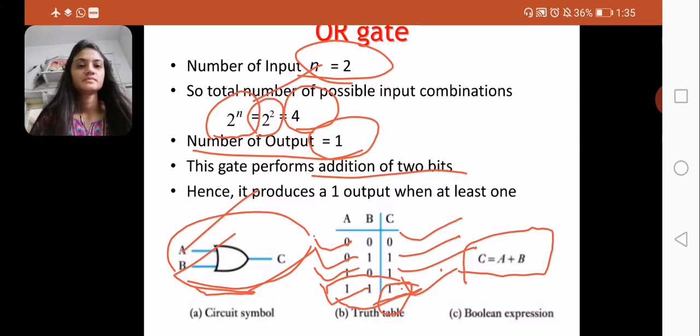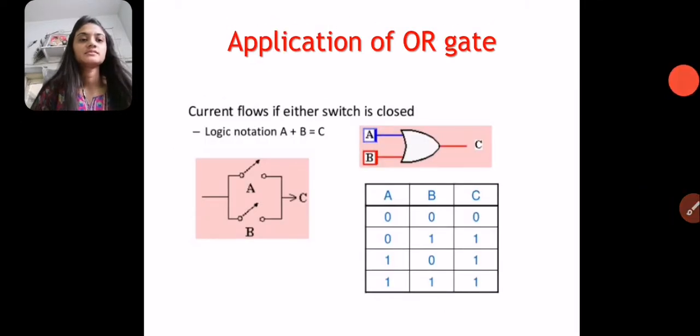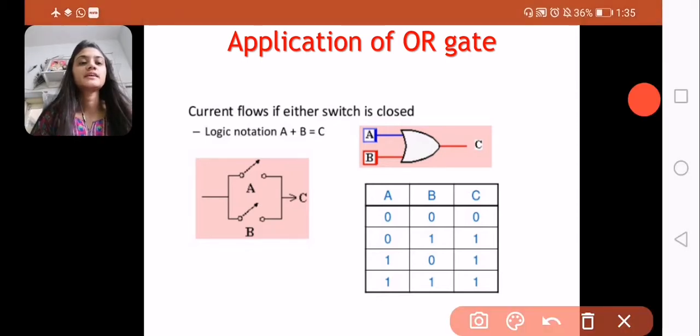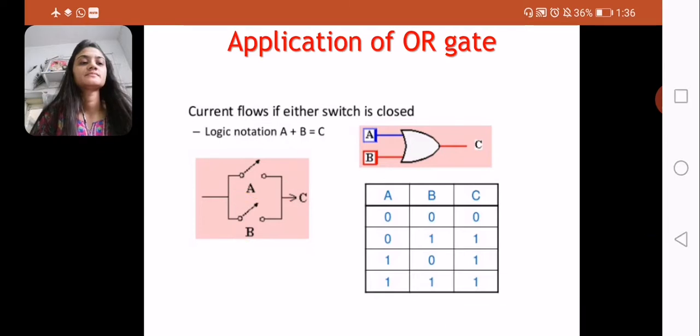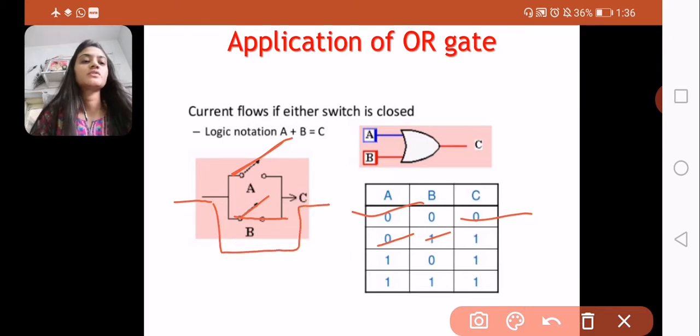Now the IC of OR gate. So, application of OR gate. Here 2 diodes are connected in parallel. Let us investigate case by case. 0 0, both the switches are open, so no current flows. 0 1, A is open, B is closed, so current will pass through B and hence it will reach up to C. So output is 1.